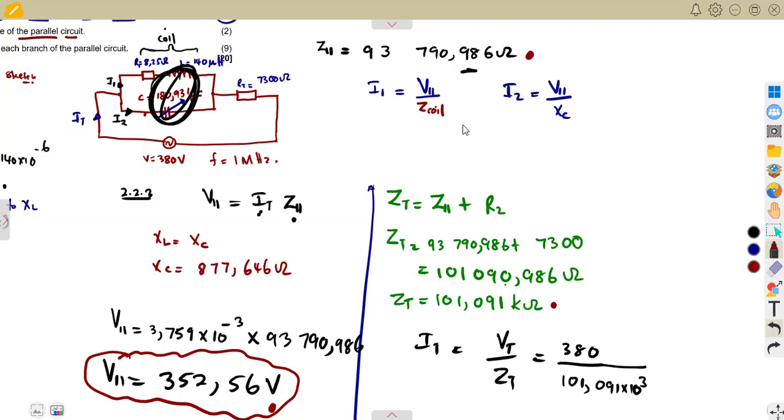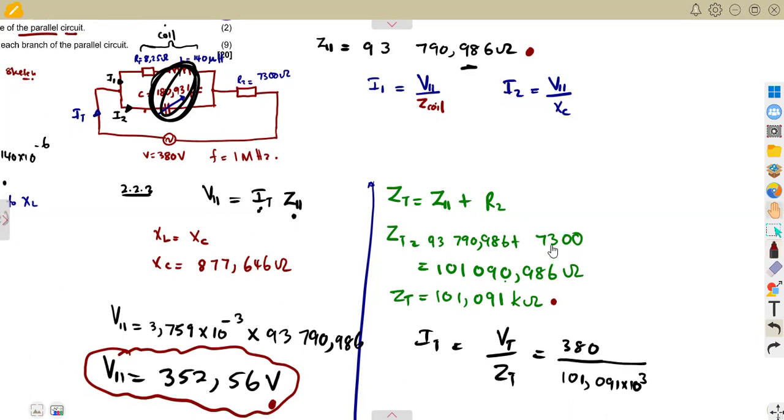And in a condition where you are working with resonance, the Z of the coil and this XC are going to be the same. Remember, XC is equal to our XL. So you're going to take that as your XL from this current.